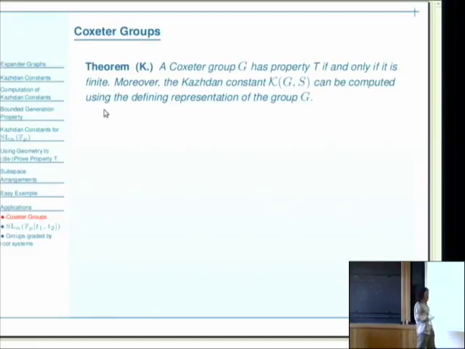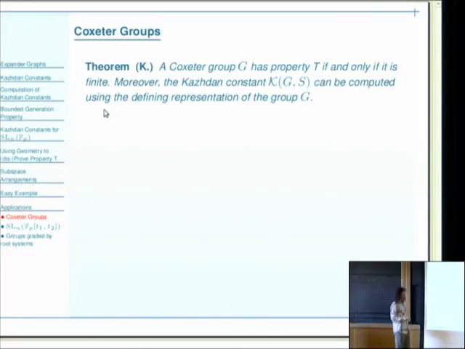And this is the statement. You don't need to do any crazy representation theory in order to compute the Kazhdan constant of the Coxeter group. The only thing you have to do is look at the defining representation, where the Coxeter group acts as a group of reflections, and just compute the constants from there. And that's it.